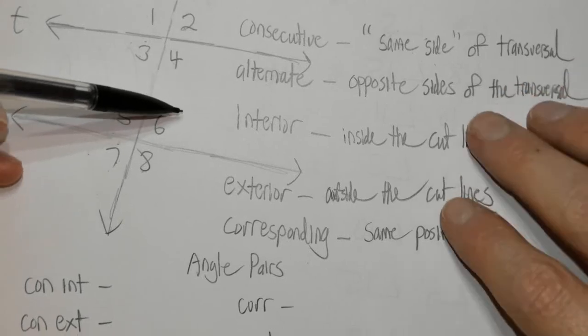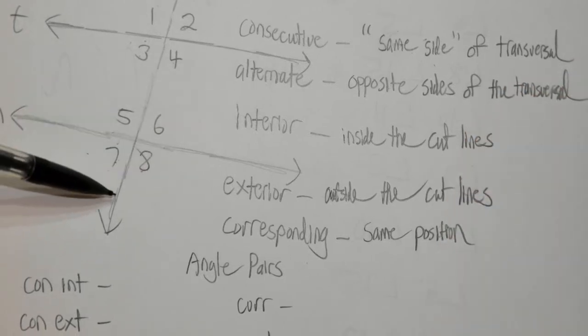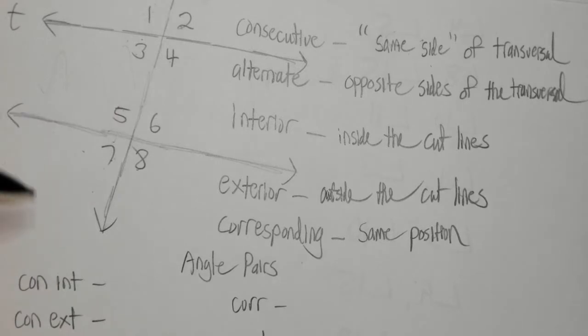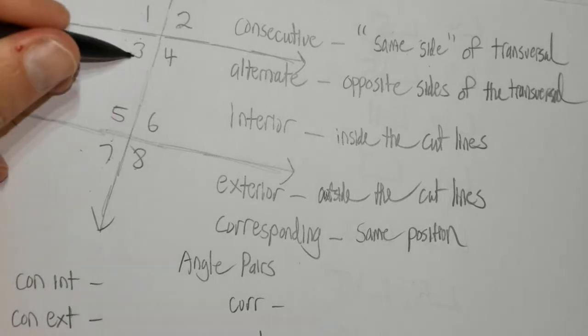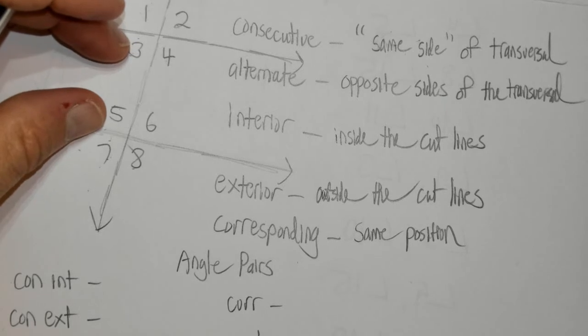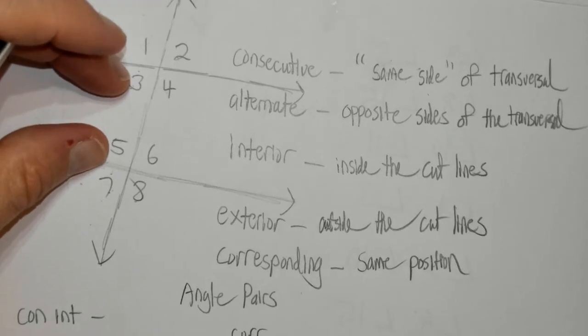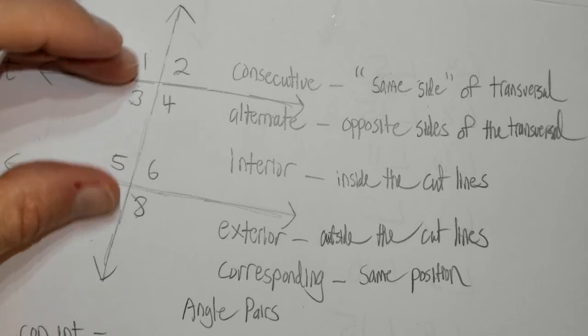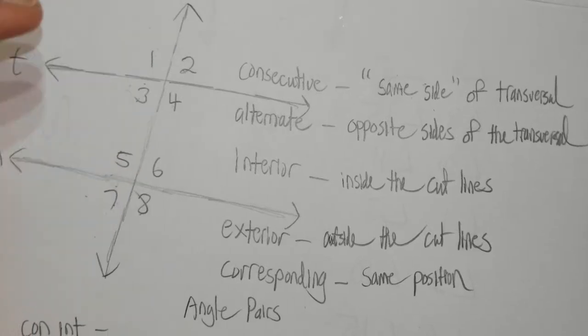For example, we could say that angle 3 and angle 5 would be considered consecutive interior angles. They're on the same side, both on the left-hand side of the transversal, and they're interior, inside of the two cut lines.